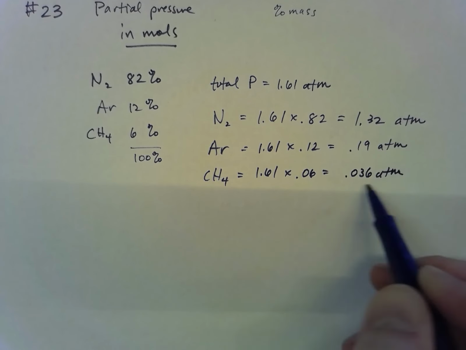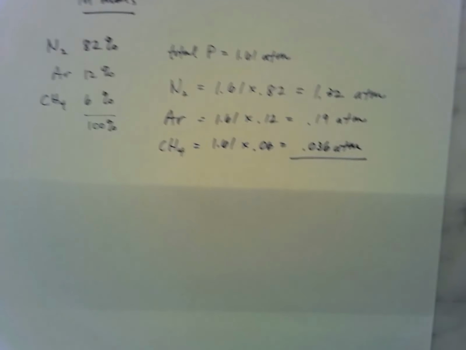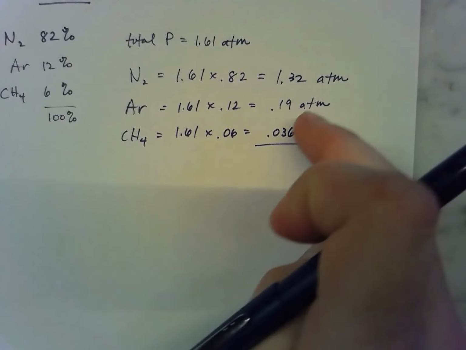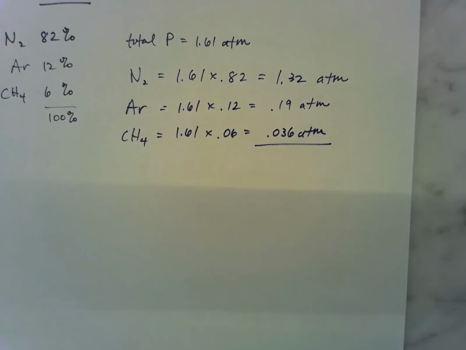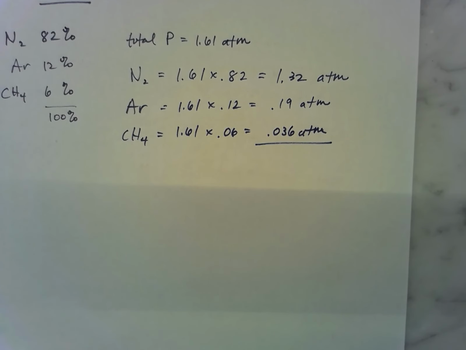Now, to be careful and rigorous, you'd want to add them back up. So we'll say 1.32 plus 0.19 plus 0.036. And I got an answer that's not right. I'm sorry, this should be 0.096.